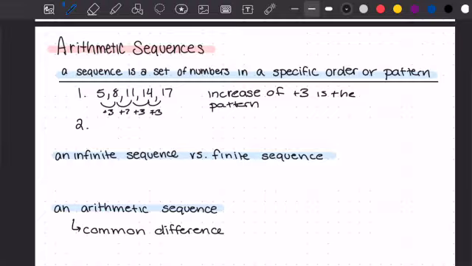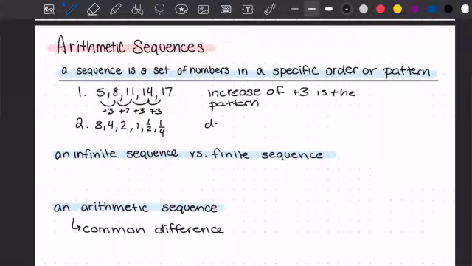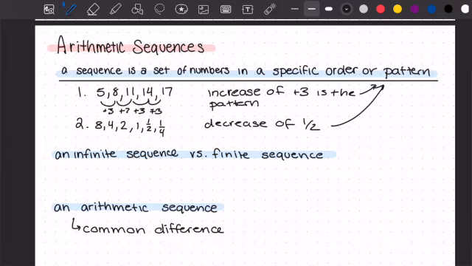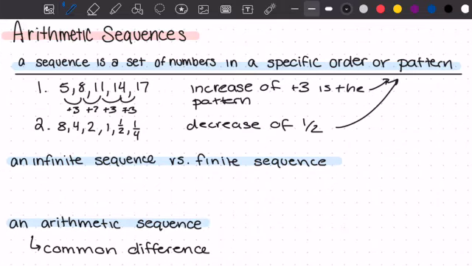Another example of this would be 8, 4, 2, 1, 1/2, 1/4. Now this is a decrease of 1/2. Both of these are the pattern that make the sequence. There are different types of sequences.